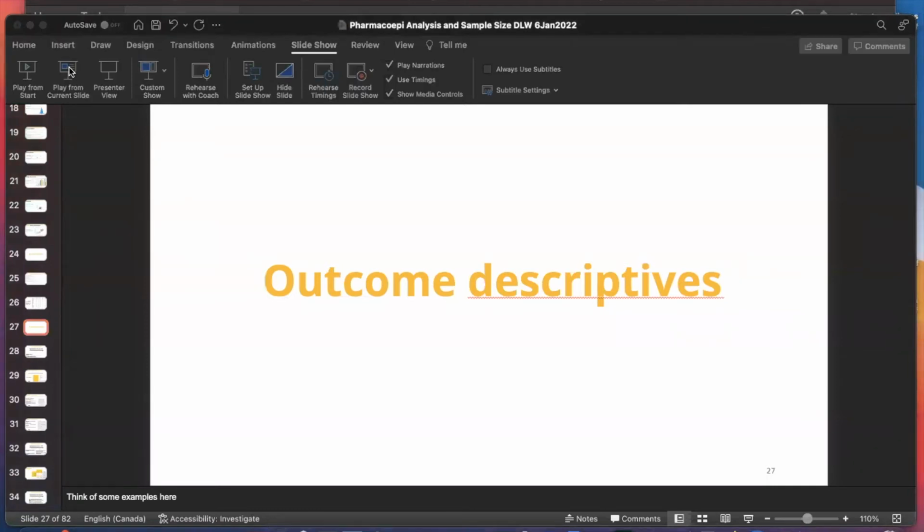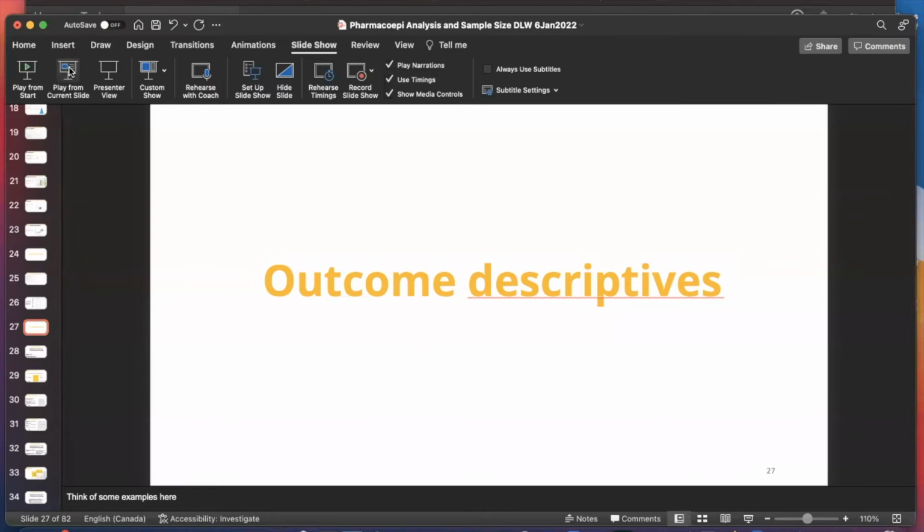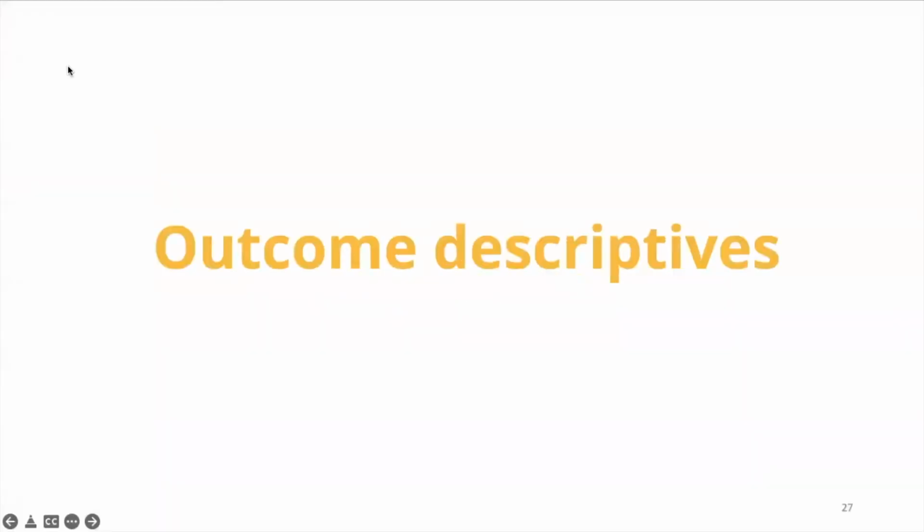Hi, everyone. Okay, now we're going to move on to the next section on outcome descriptives. For the first part of this lecture, we described patient characteristics, mainly how to present different types of patient characteristics, baseline characteristics for a study, how to describe our study population, and all of the summary statistics, graphs, and such in order to do that.